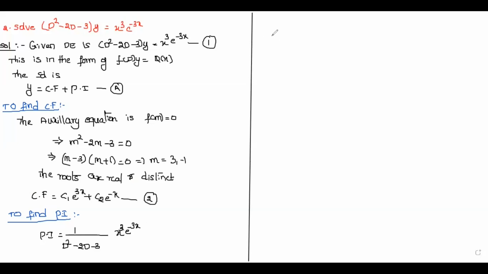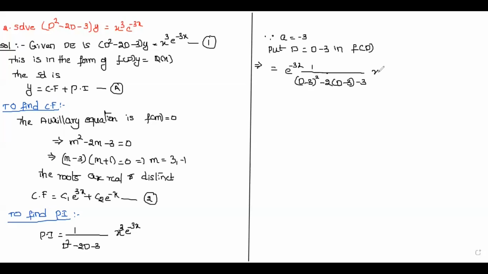So you have to replace, since a is equal to minus 3, put D is equal to D minus 3 in f of D. So this will be equal to e power minus 3x sent to the left hand side of 1 by f of D. So D minus 3 whole square minus 2 into D minus 3 into x cube.